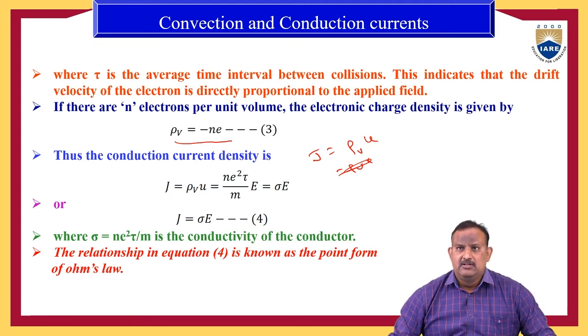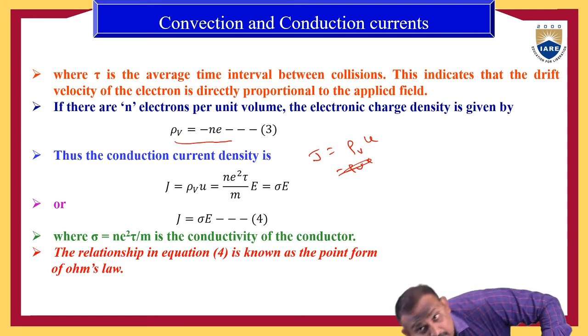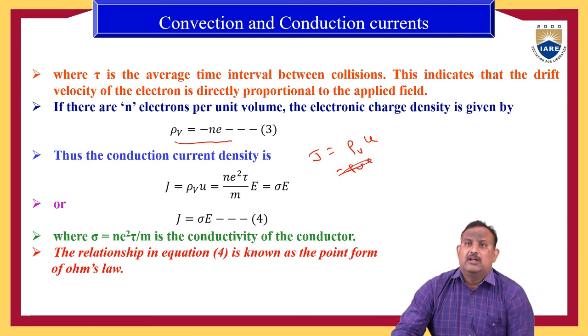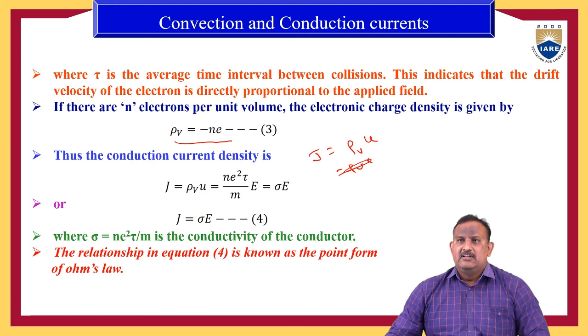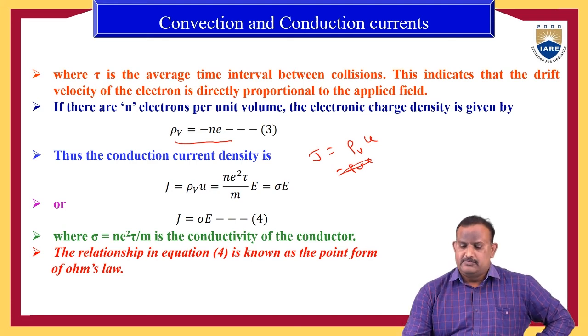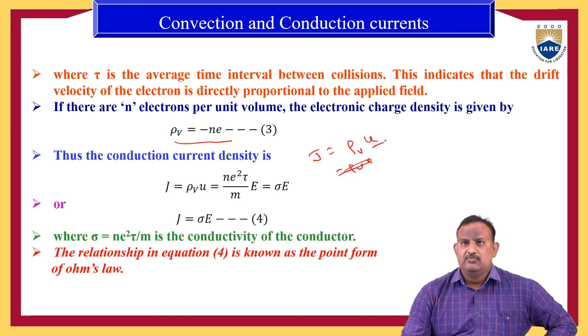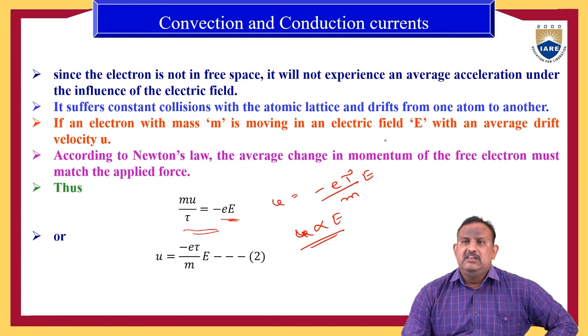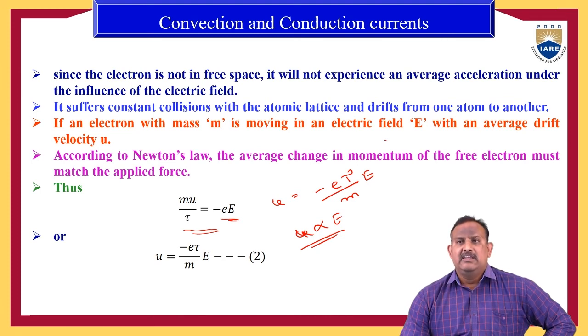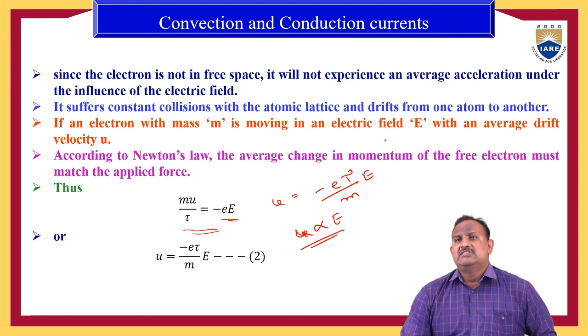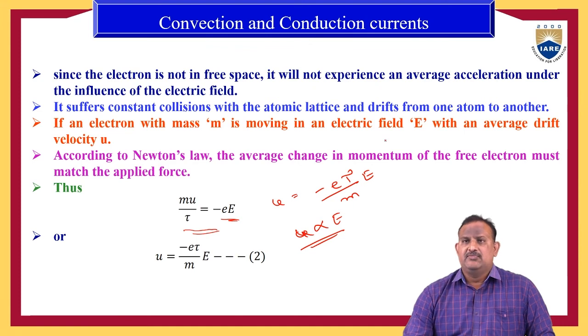In place of velocity, we can write u is equal to minus e tau into E by m, where small e is the charge of an electron, tau is the average lifetime before the collision, capital E is the electric field intensity, and m is the mass of an electron.